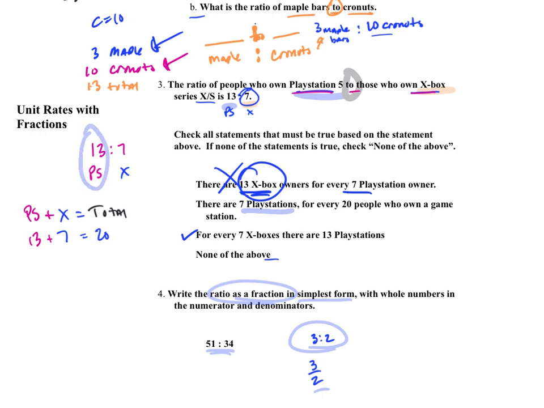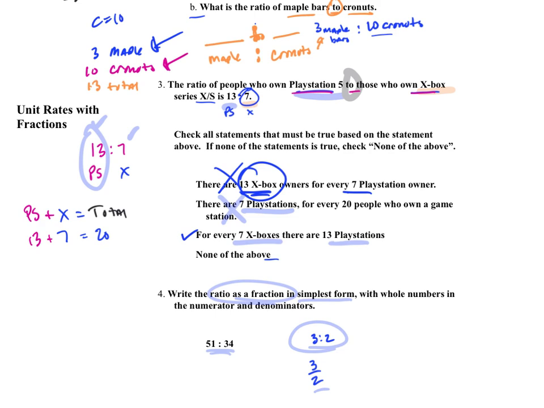Well, no, we have 13 PlayStations for every 20. So this is incorrect, right? Because that should be 13 PlayStations. Okay, and then this one says 7 Xboxes, which checks. And there are 13 PlayStations. That checks. That number is accurate. So that's actually the only one that's right. And you can't say none of the above because one of them is true. Okay.